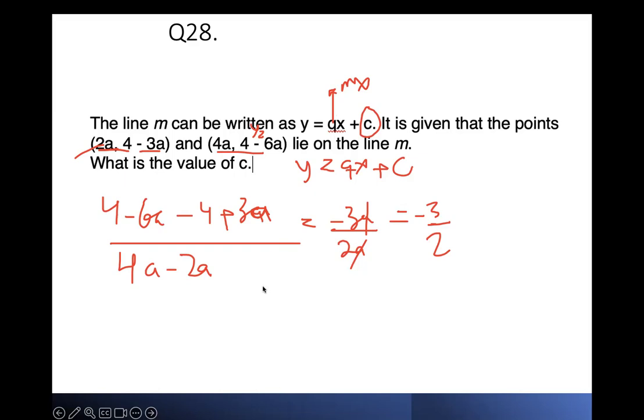So y is 4 minus 6a is equal to the gradient, minus 3 over 2, times x, which is 4a right here, and I put plus c here. The 2 cancels, and therefore you have minus 6a. I see minus 6a on the left, so this becomes plus 6a. That will cancel off, and therefore c is equal to 4.